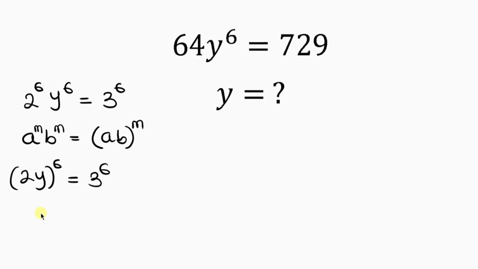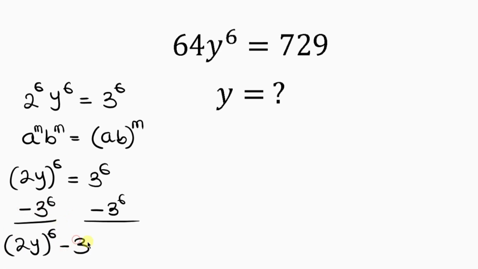Very good. Now our next step will be for us to move 3 to the 6 to the left hand side. And in order to do that, I'm going to be subtracting 3 to the 6 from both sides. So subtracting 3 to the 6 from both sides, you notice that on the left, I have 2y all raised to the 6 minus 3 to the 6.